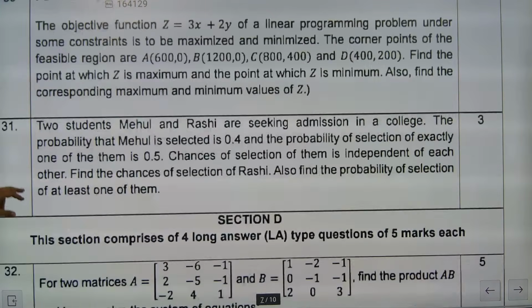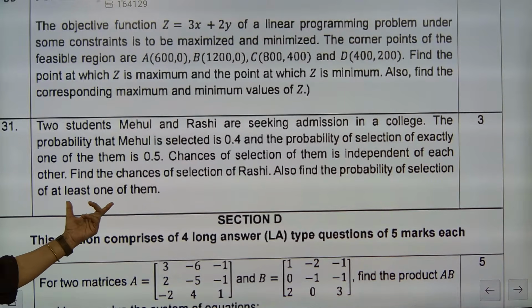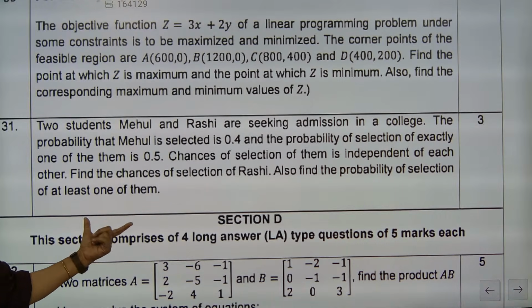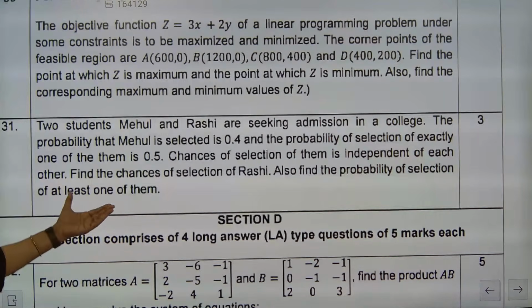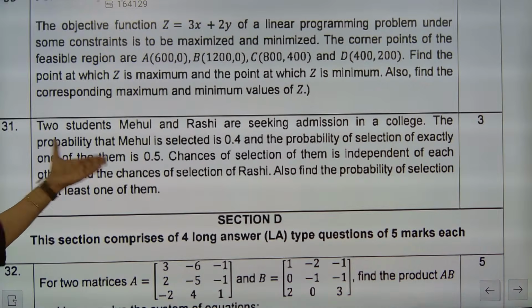Now look here. Mehul and Rashi are seeking admission in a college. Probability is coming direct here. So only I told, 2 days specifically we need. Before the question also you will not be able to target it. Here also, can you tell me, is it addition? Which formula are you going to use? Conditional probability, independent, mutual, multiple, what is the use?